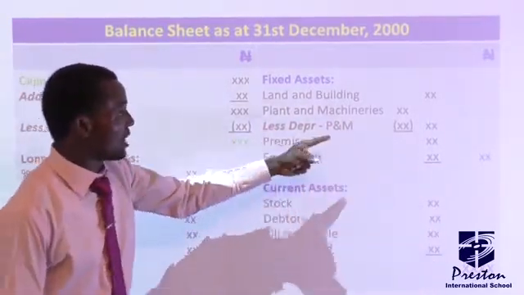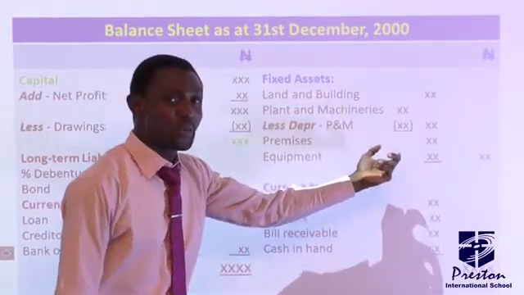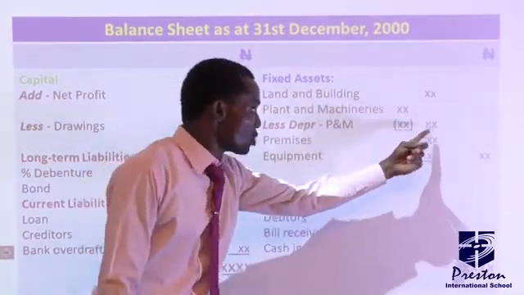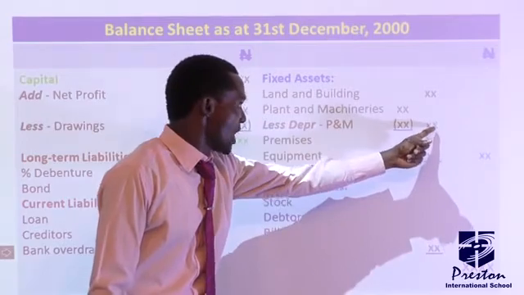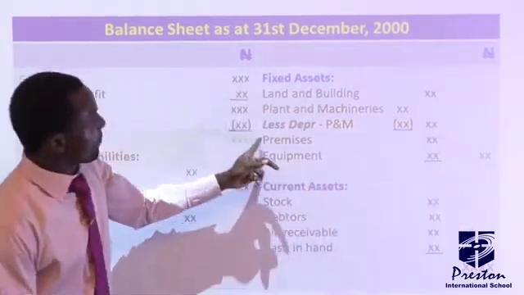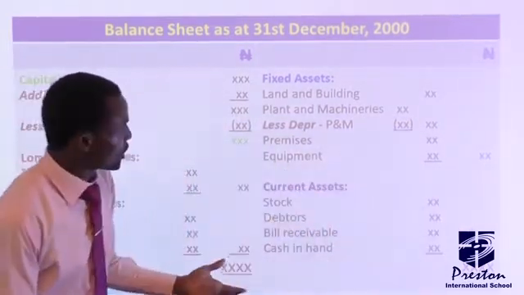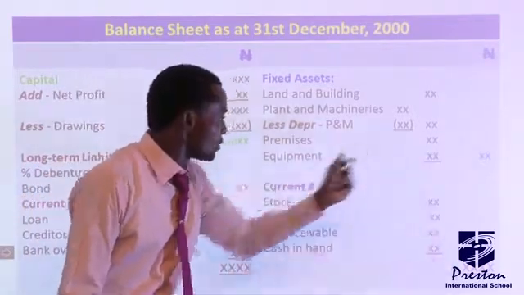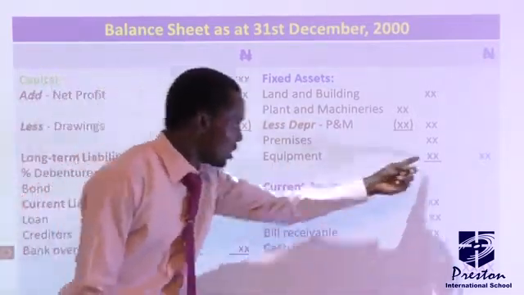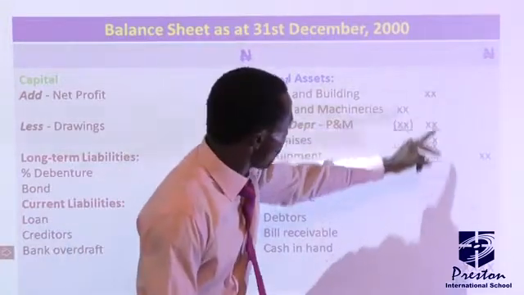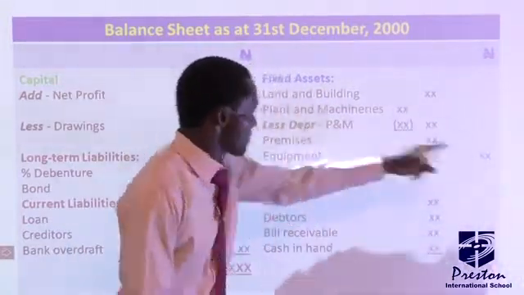So you take away the depreciation value from the real value to give you the balance we have here as plant and machinery. Premises, we don't have any depreciation on premises, so it goes to the right corner. Equipment, the same thing goes with it. The total of all these gives us our total fixed asset.